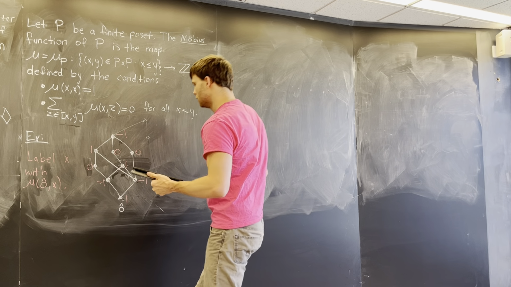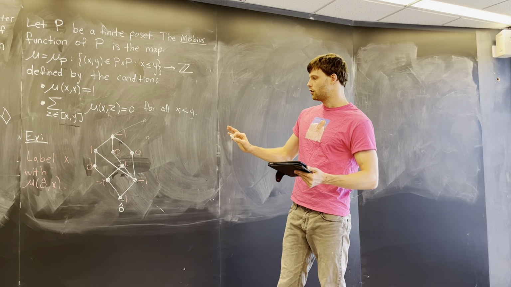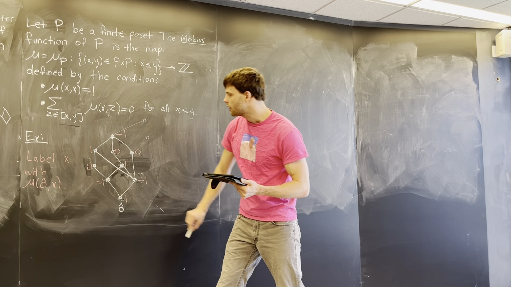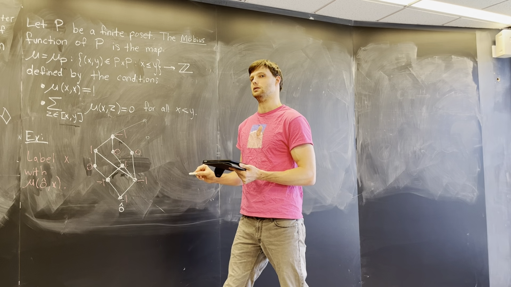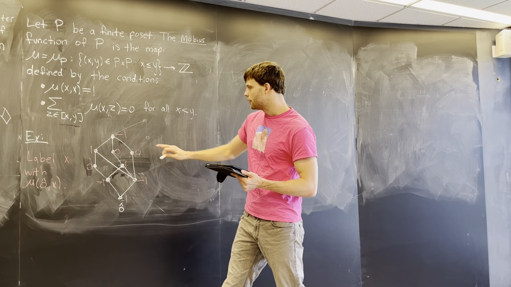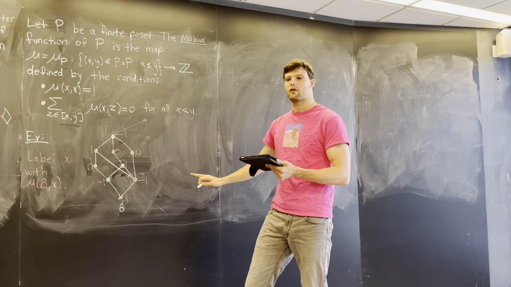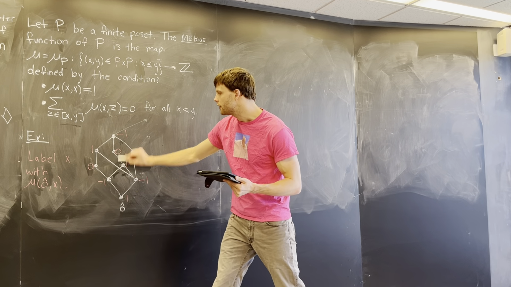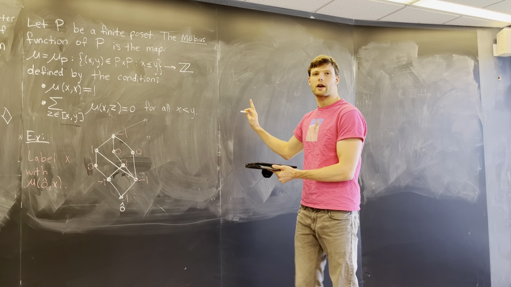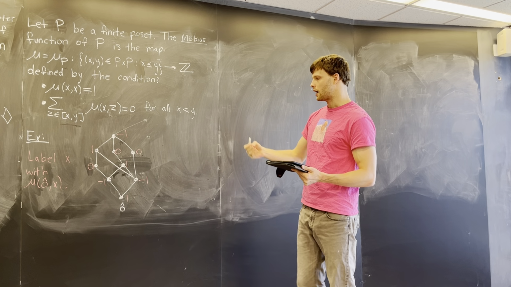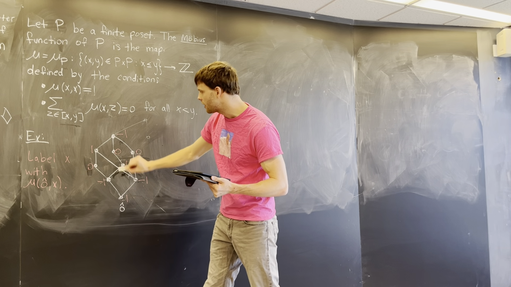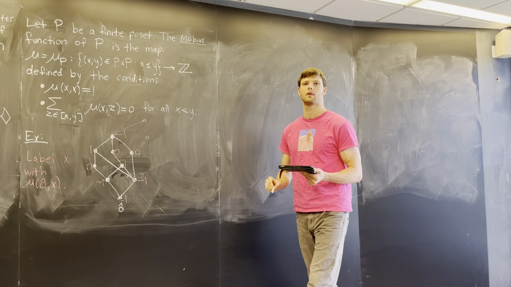If I said I want to compute mu of this element comma this element, then this actually doesn't depend on any of the other stuff. The recursive definition here only involves stuff in this interval, so I could just ignore all of that other stuff and say, okay, I can just do this recursive description here and find that mu of this element comma this element is -1.